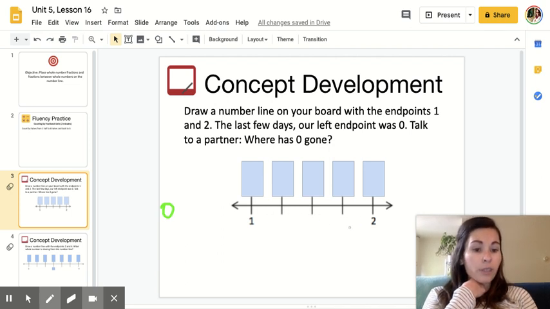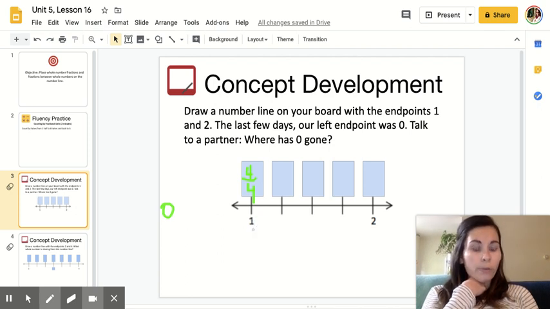I know my unit fraction is 1/4. If my unit fraction is 1/4, what is 1 whole? Exactly, 1 whole is 4/4. I'm putting my 1 whole at the 1 because this is where the number line starts.